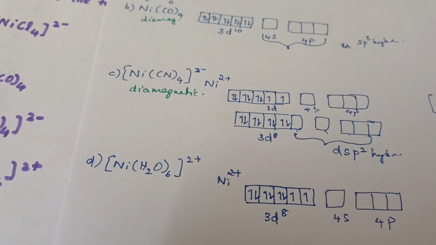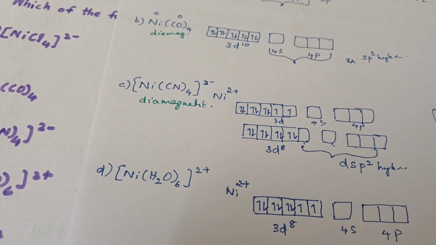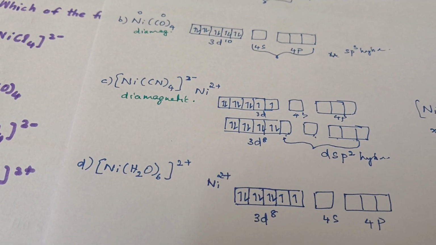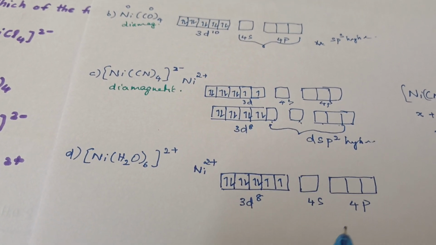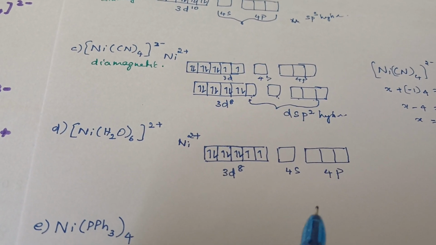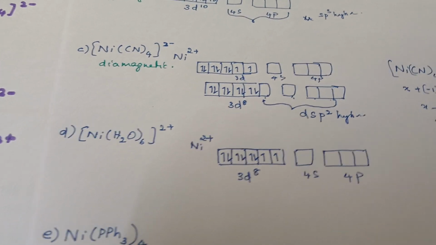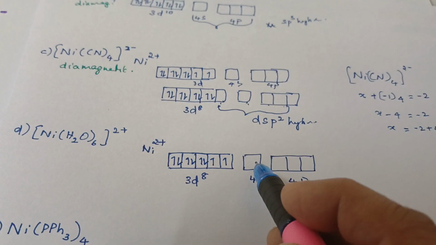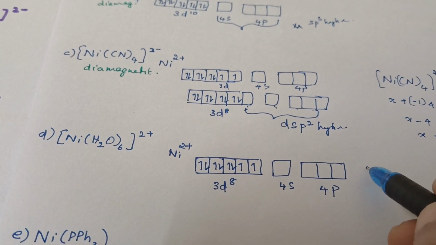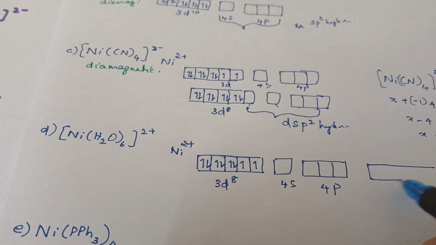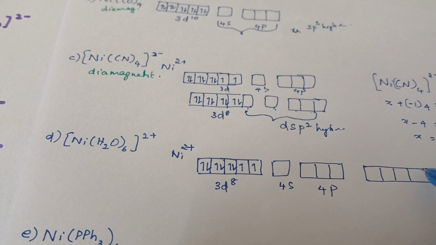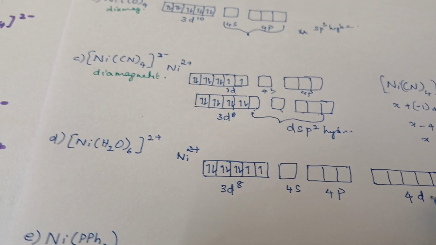Okay, and water is a weak field ligand, so it will not pair up the electrons. But how many water molecules are there? There are 6 water molecules, so it will need more space. Here there are only 4 blocks, 1 2 3 4, so it will need more. 4d will be here.